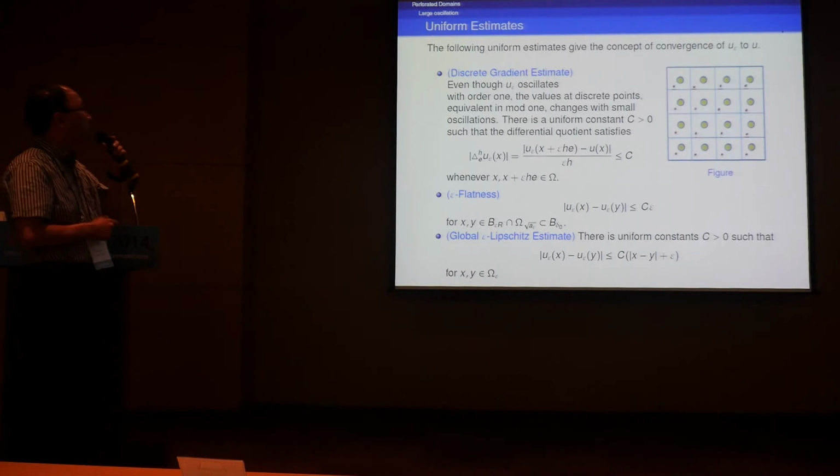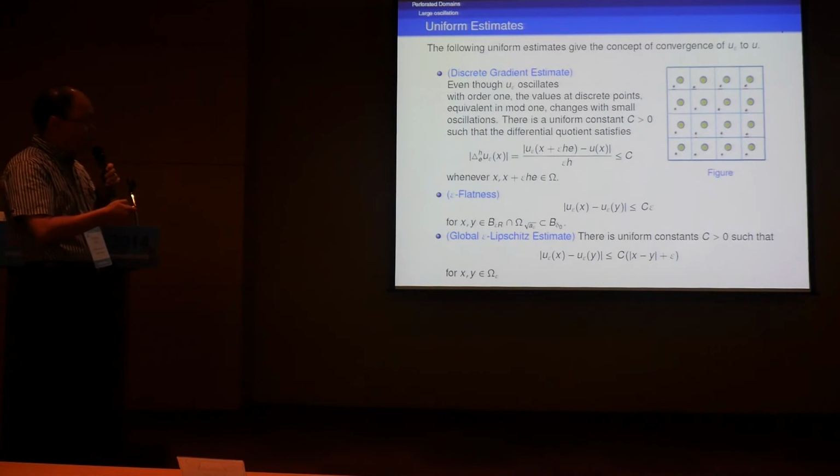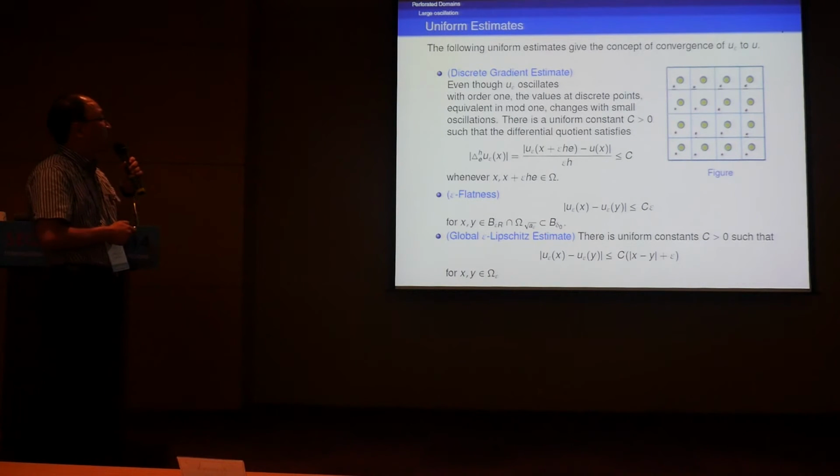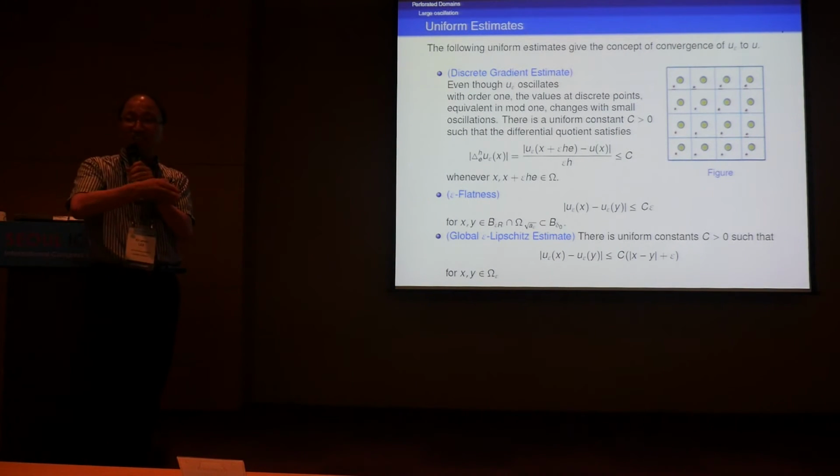And the other ingredient is a kind of uniform estimate. Since the L-infinity norm stays constant, we need a uniform estimate to extract a converging subsequence. If you look at the picture, my epsilon solution has zeros near the obstacles.